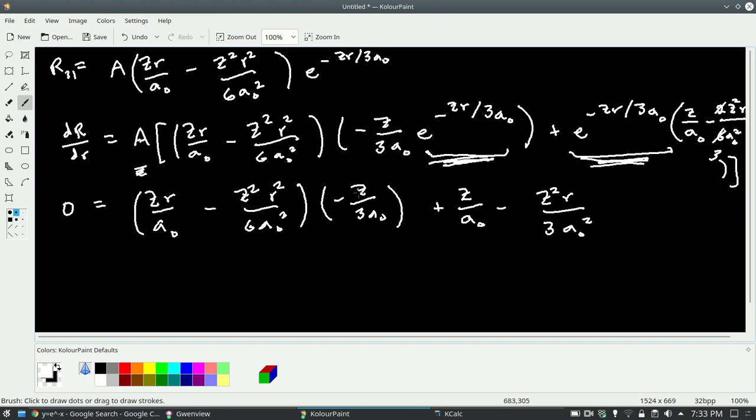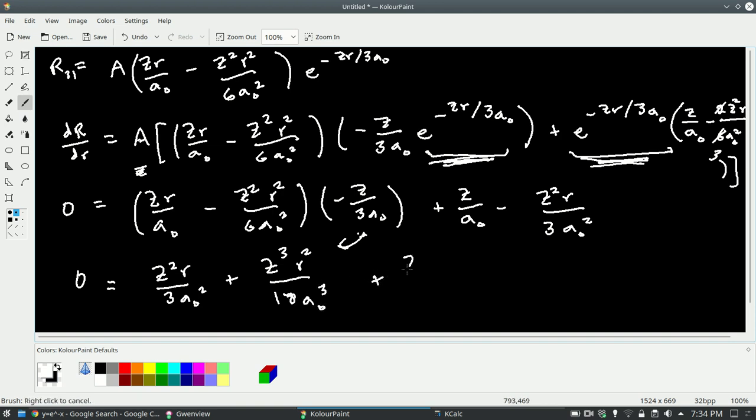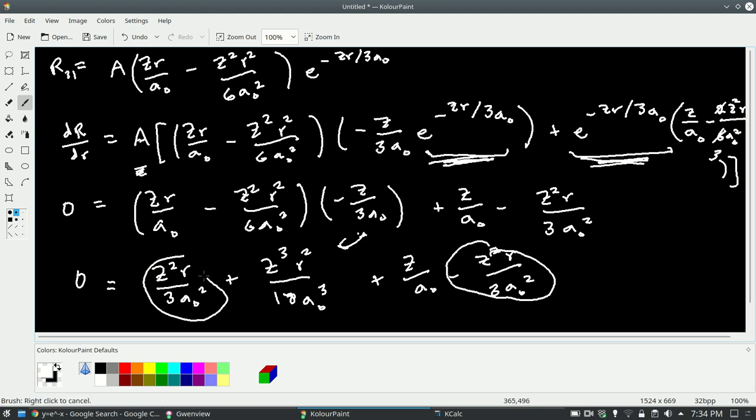Okay, I'm going to distribute this factor there. So this is 0 equals z squared r over 3a naught squared plus z cubed r squared over 18a naught cubed plus z over a naught minus z squared r over 3a naught squared. So this is z squared r over 3a naught squared. This is z squared r over 3a naught squared.